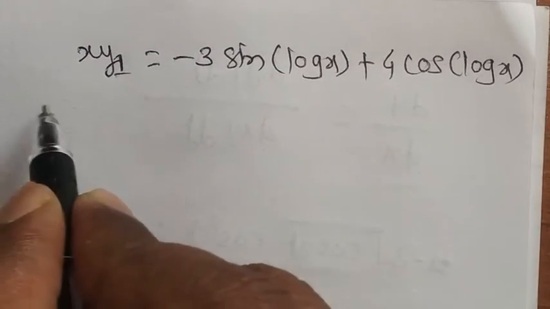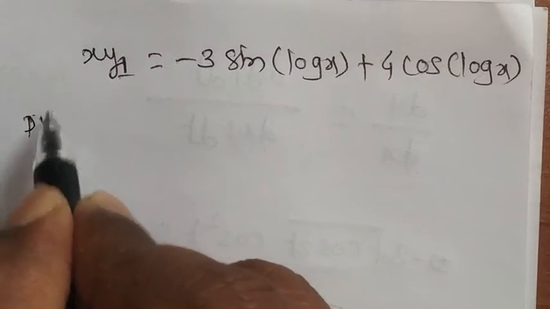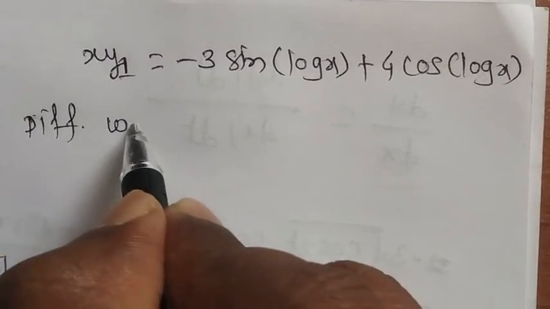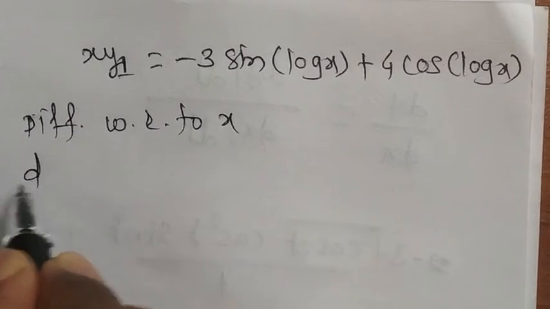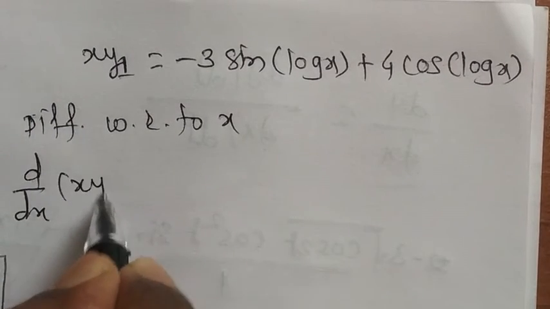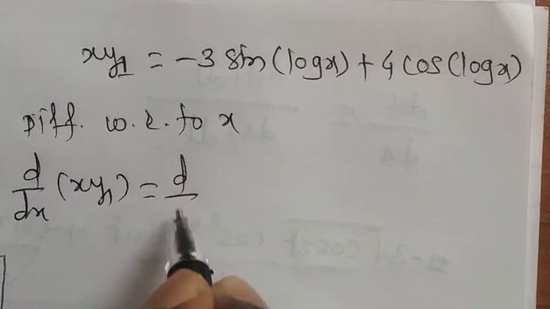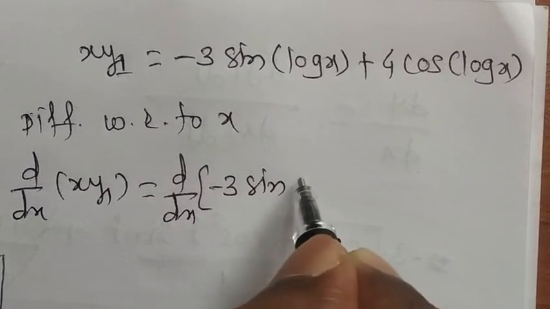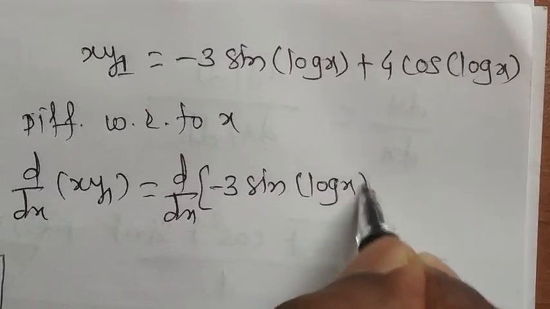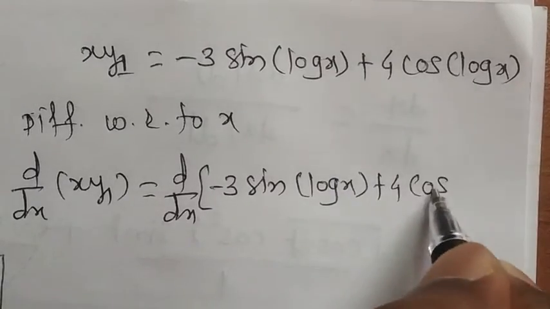Take a double derivative, then differentiate with respect to x. Then d by dx of x y1 equals d by dx of the whole term, minus 3 sin log of x plus 4 cos of log of x.